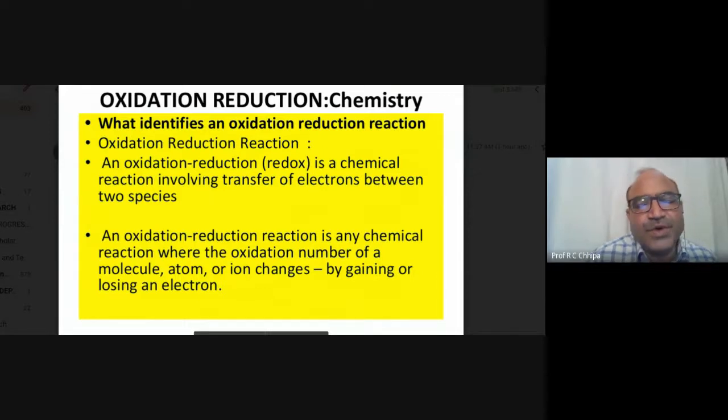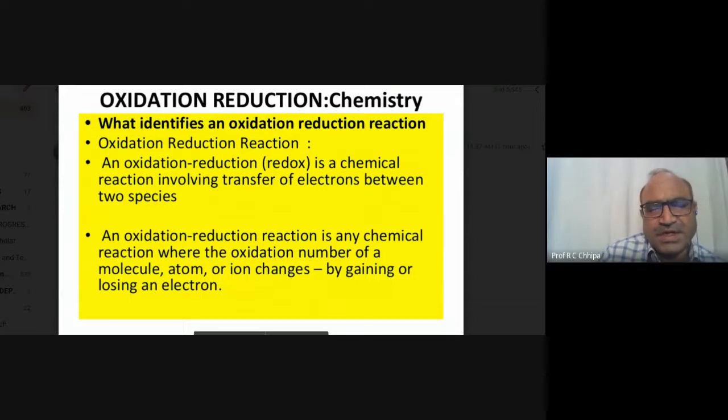What important conditions are required for such oxidation and reduction? We can even use different indicators, and internal indicators are also used. That depends on the conditions. The better conditions must be there.